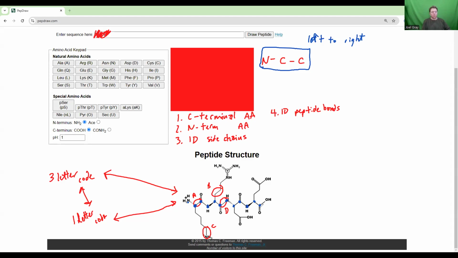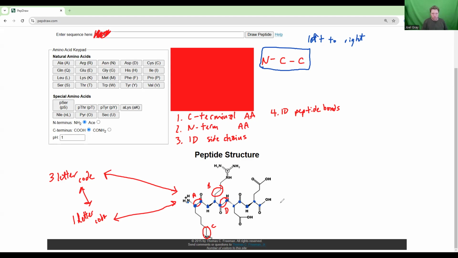Now, what I am looking for is which amino acid, and I'm going to do this in orange. I'm going to circle the side chain of my C-terminal amino acid.